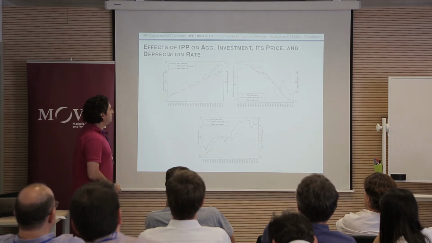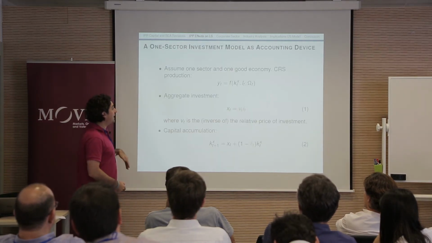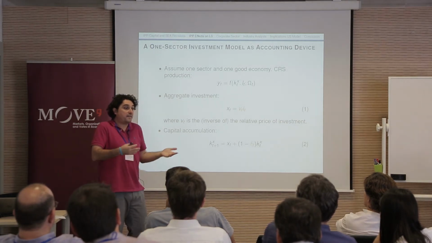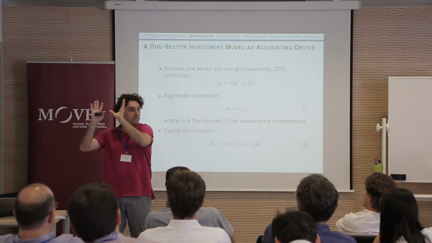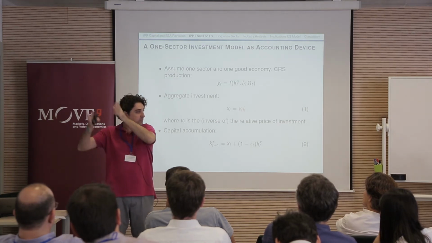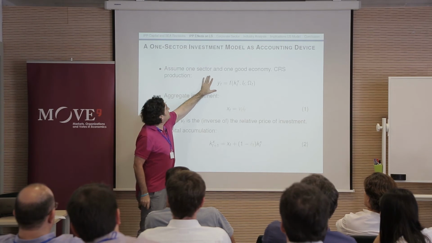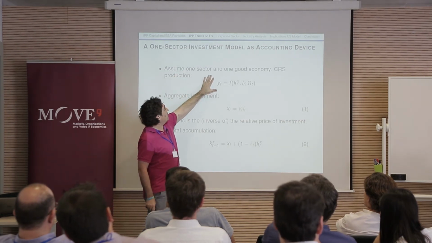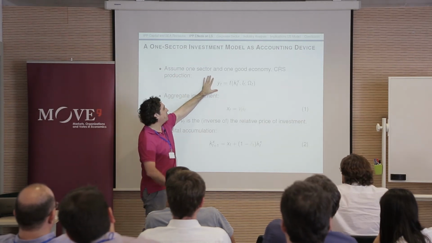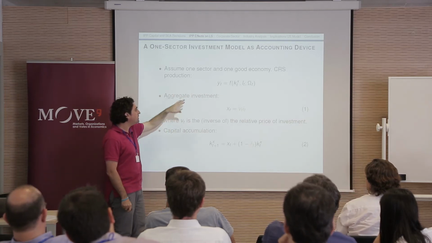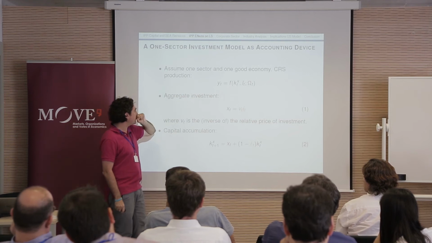Now that I have the three components, I can use a simple investment model to remove all of it. Before, I went to the actual depreciation and removed it. I cannot go to an IPP account, so I need to use a model. I just need this to be constant returns to scale. Certainly not Cobb-Douglas, but something that creates movements. It could be a CES, but I don't need to justify the value of sigma right now.